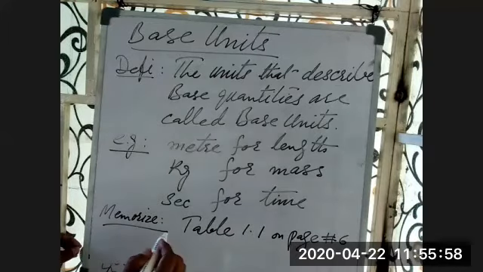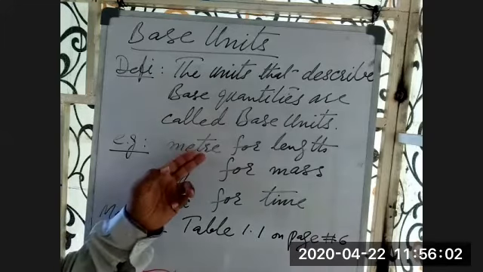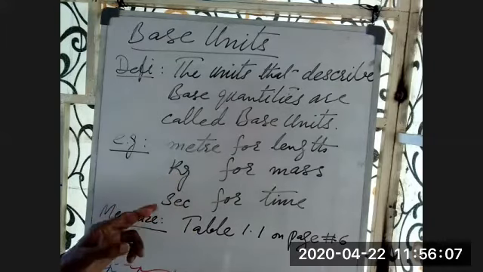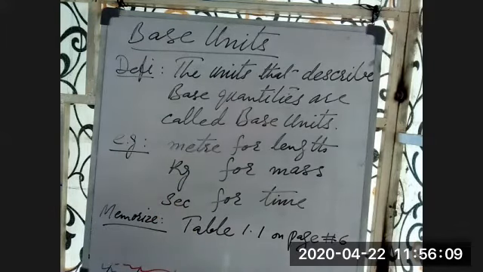In it, these 7 units are shown: meter for length, kilogram for mass, second for time, ampere for electric current, candela for light intensity, Kelvin for temperature, and mole for amount of substance. You will memorize the table 1.1.